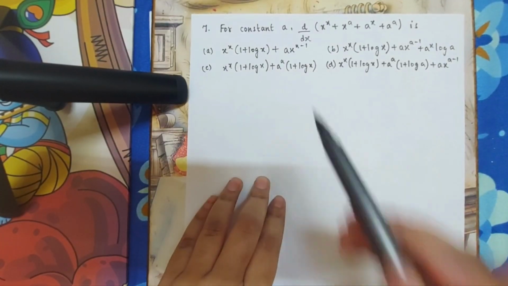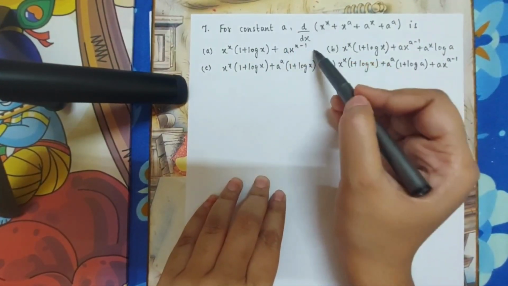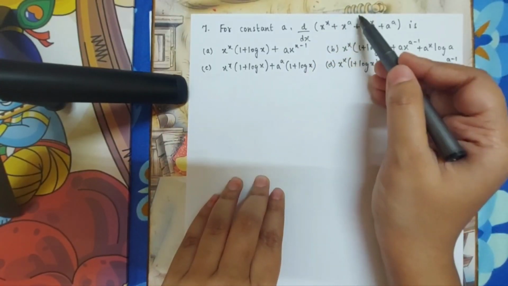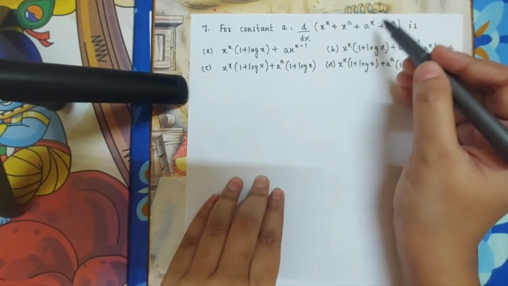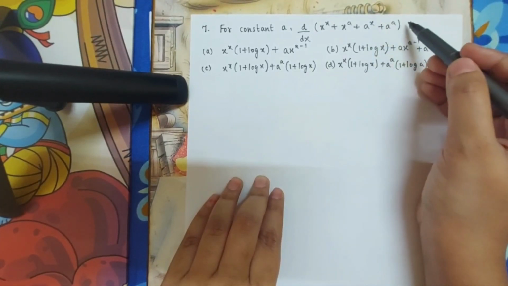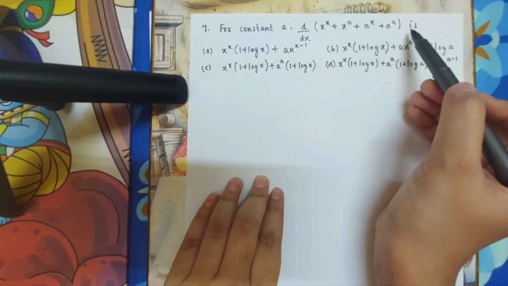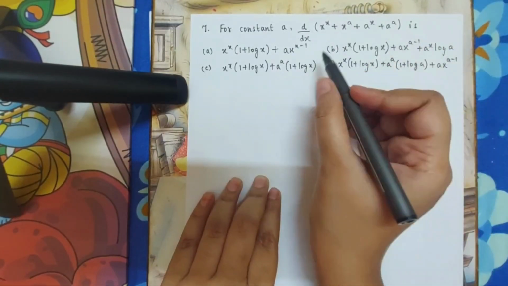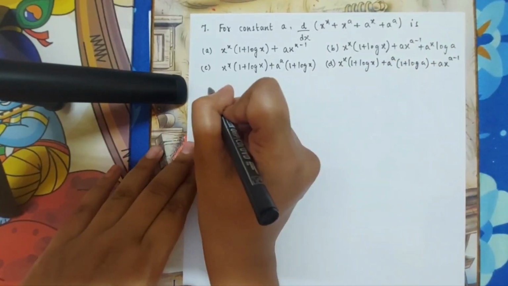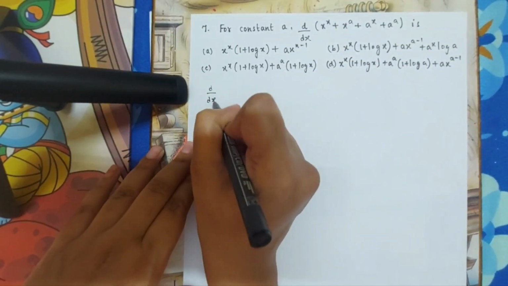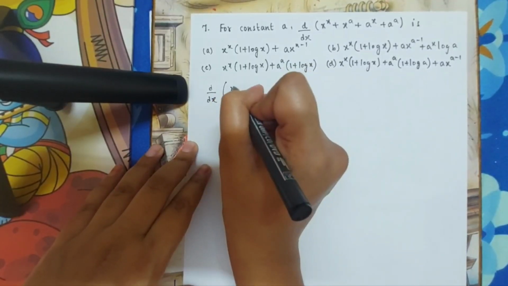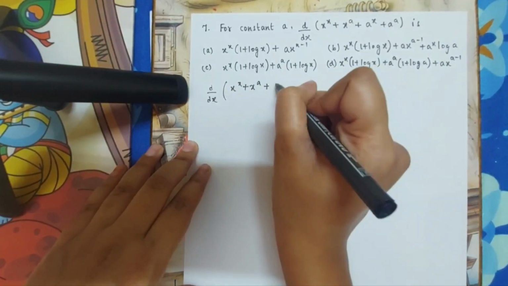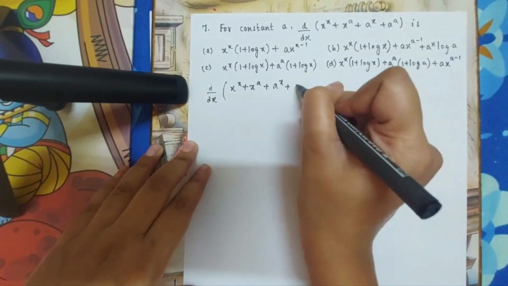So our next question is, for constant a, dy by dx of x to the power x plus x to the power a plus a to the power x plus a to the power a is. So we need to differentiate this and see what its value will be.